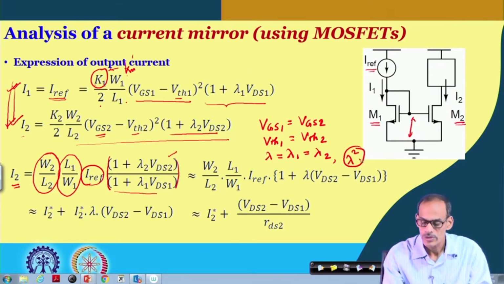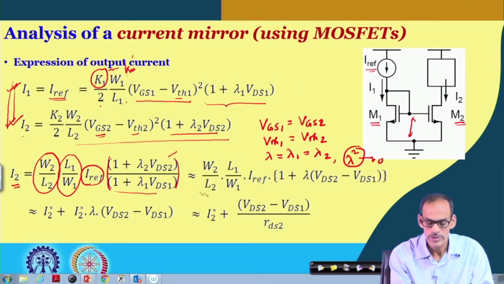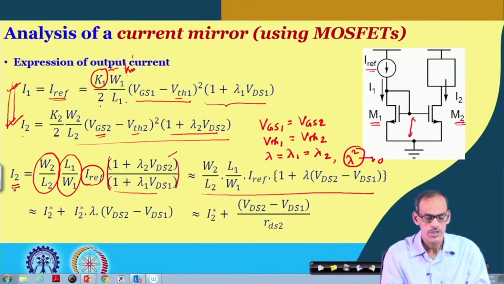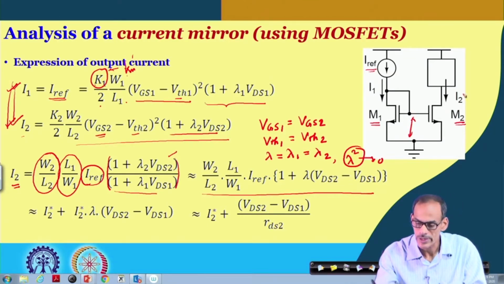If we drop this term, then we get this approximated expression of the current flowing through transistor 2. Incidentally, that also defines the current through the application circuit.